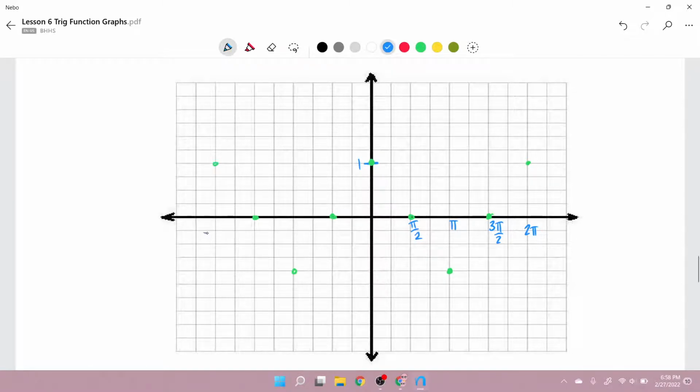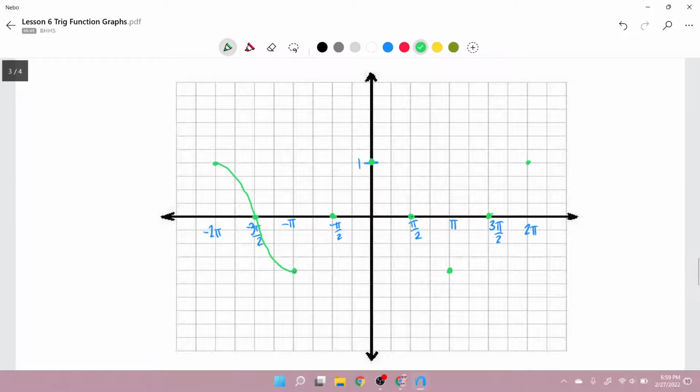So this will be negative 2 pi, negative pi, sorry, negative pi halves and negative 3 pi halves. So we're going to try to draw this cosine curve in. That takes me a little bit. We're getting there. Okay, and we'll finish it up over here.